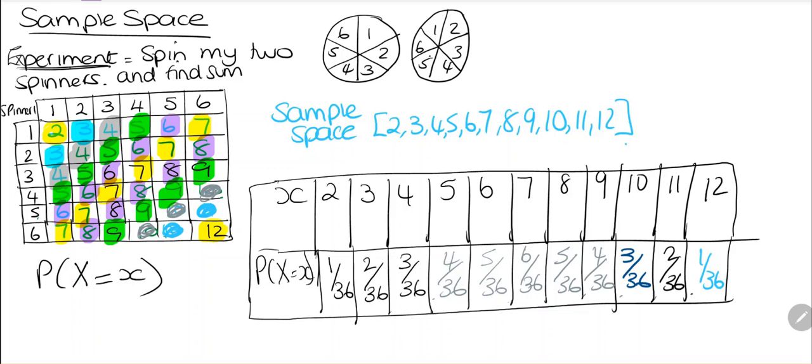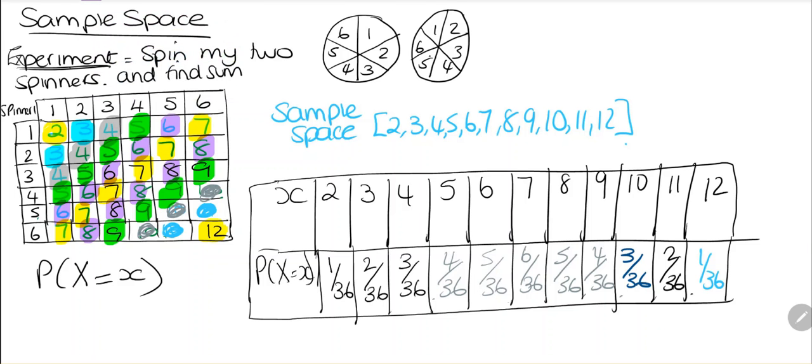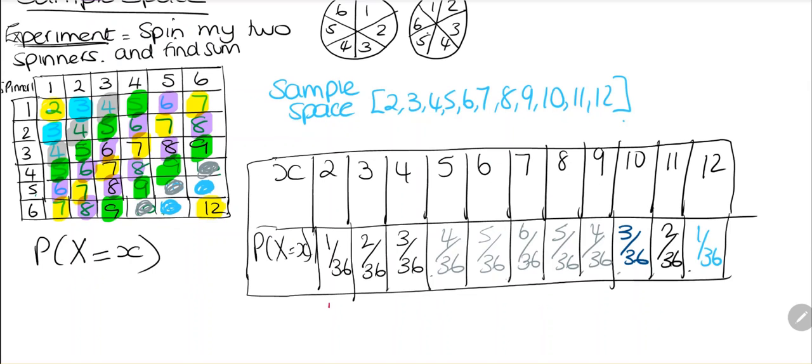So these are our probabilities. Now, I'm just going to simplify those underneath as well. Okay, so we could write this 1 over 36, 1 over 18, 1 over 12, 1 over 9, 5 over 36, 1 over 6.